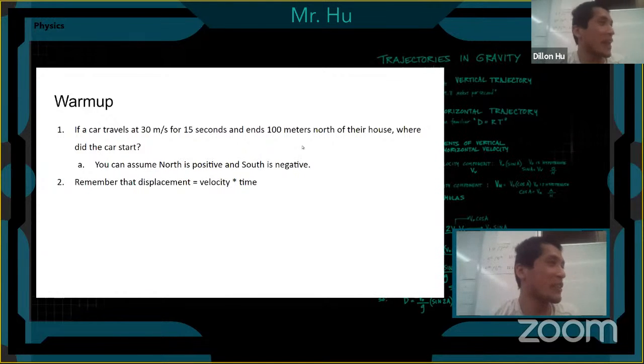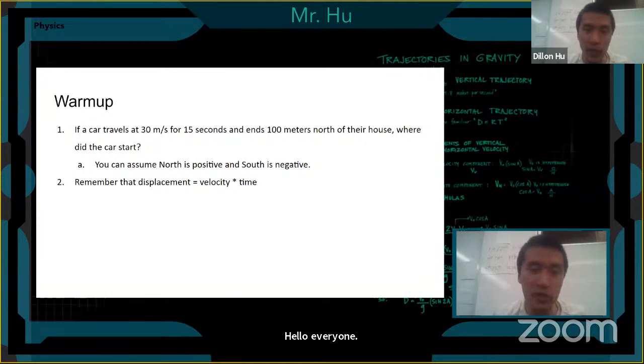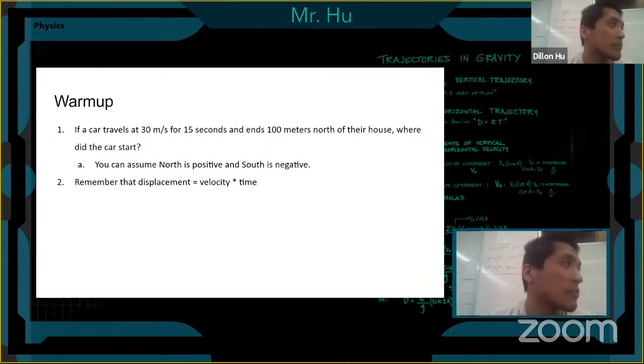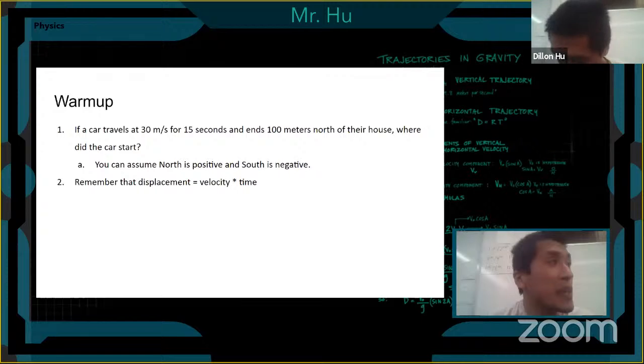Okay, we're gonna get started today with our warm-up problem for today. In this particular problem, we have a car that is driving at 30 meters per second for 15 seconds, and it ends up being 100 meters north of their house.